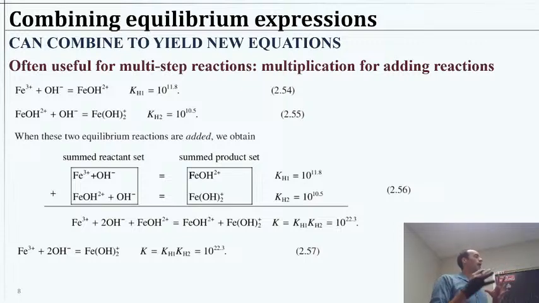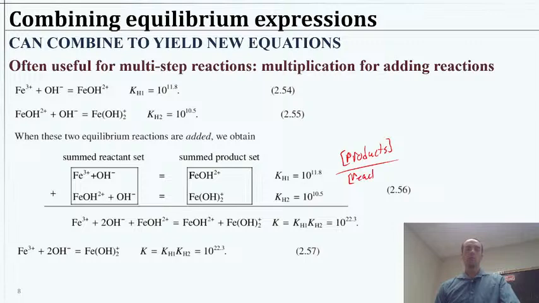Because each time we make an equilibrium constant for one of these equations, what we're doing is we're saying it's the product of the products divided by the product of the reactants, right? So it's always kind of the products times each other to the appropriate exponents over reactants. Right?